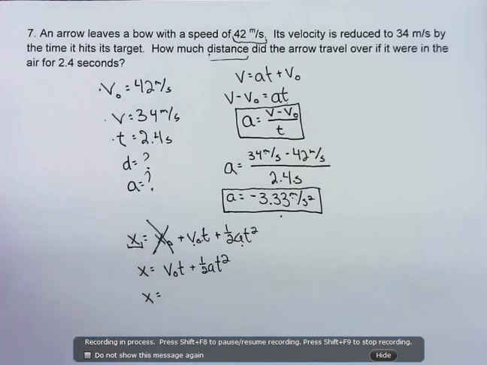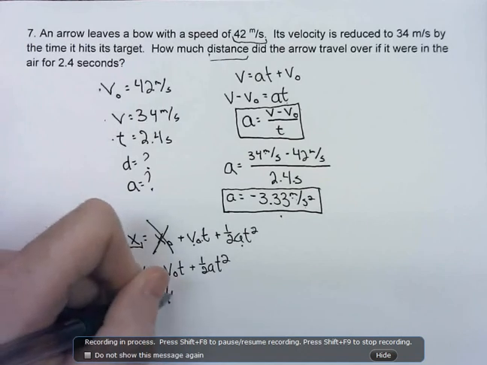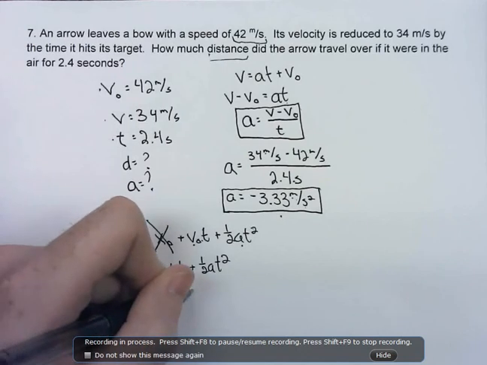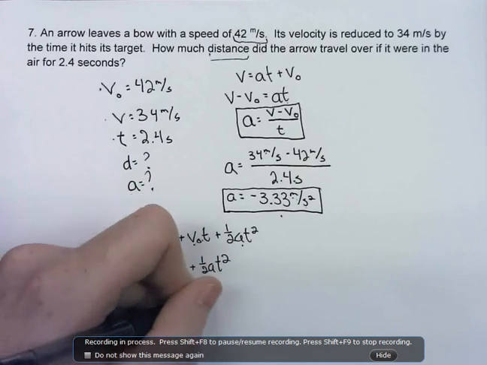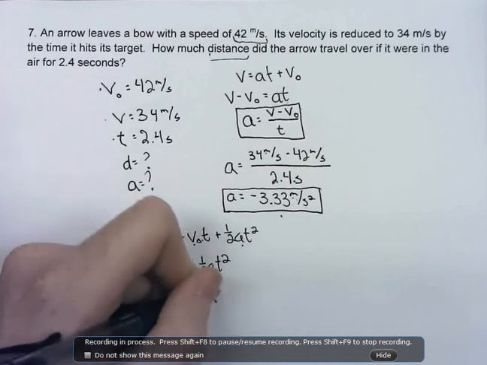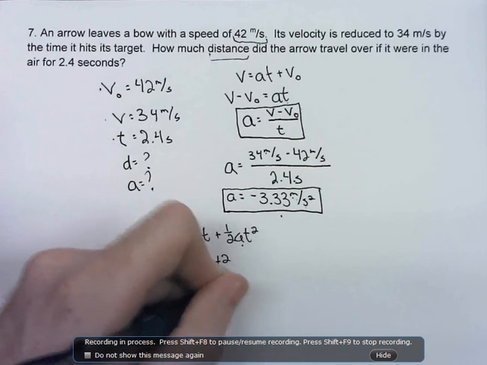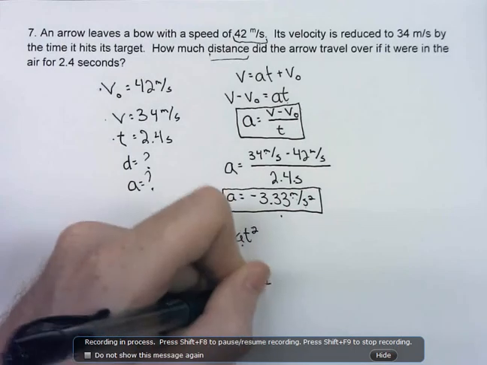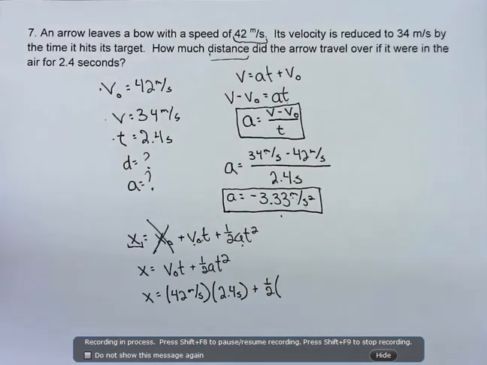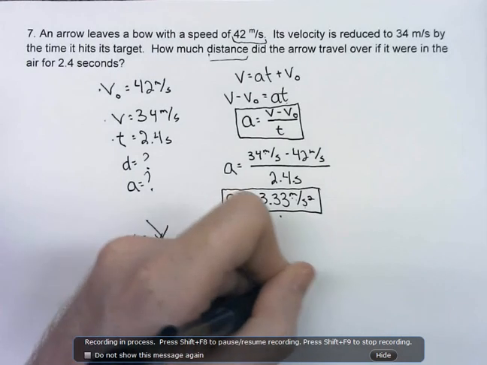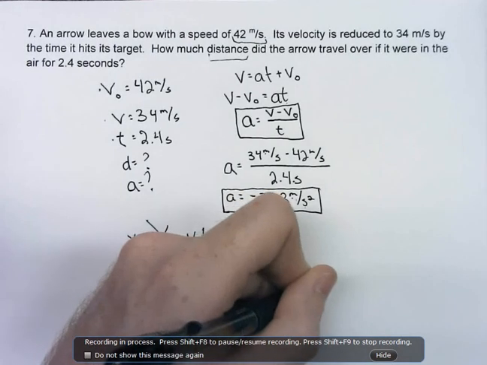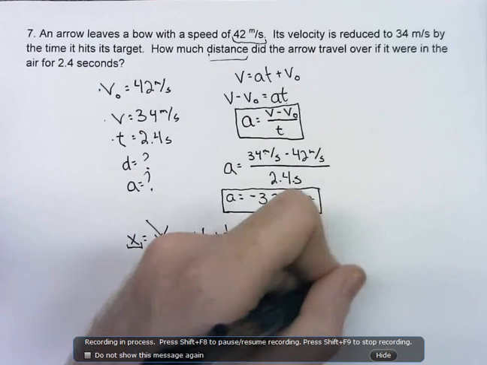Always, always keep the units. So initial velocity was 42 meters per second times time, 2.4 seconds, plus 1/2 times acceleration, negative 3.33 meters per second squared, times time squared.